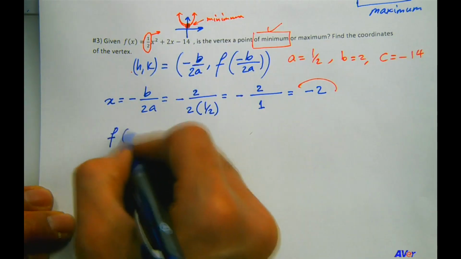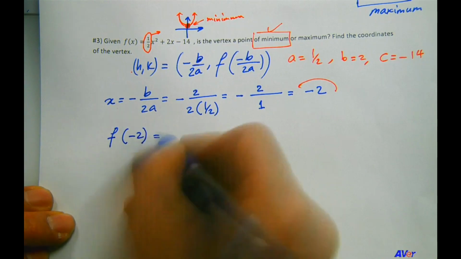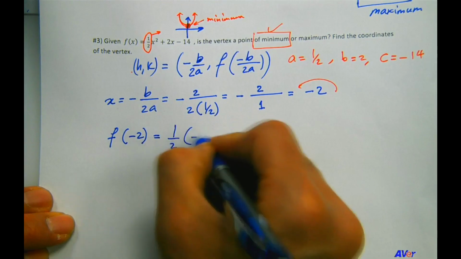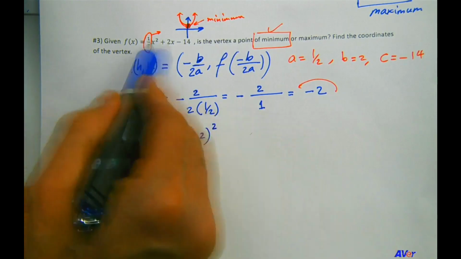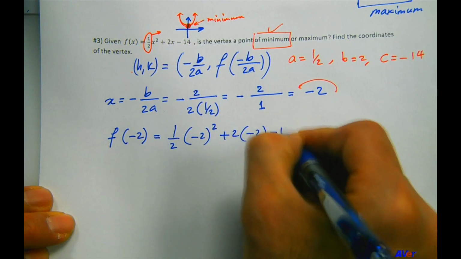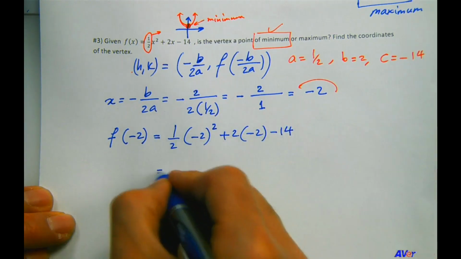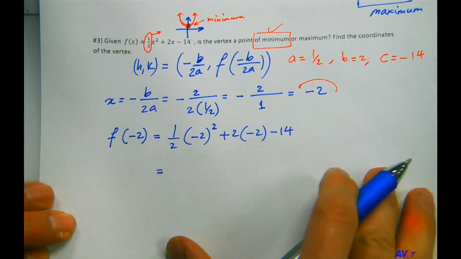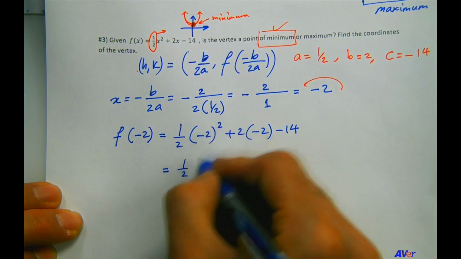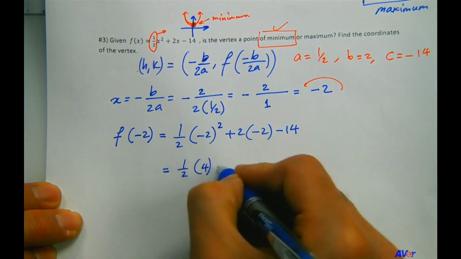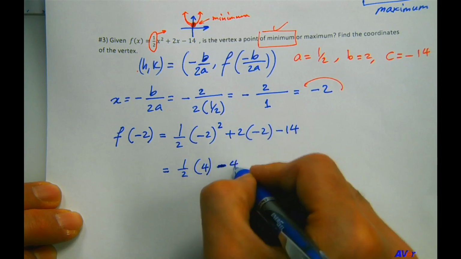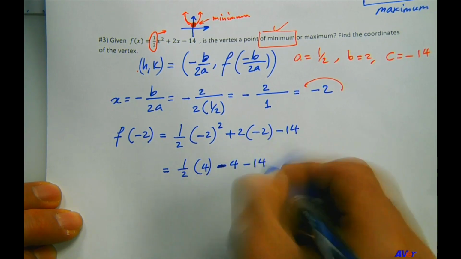So the function at negative 2 is equal to 1/2 times minus 2 squared. I'm just replacing x with negative 2, plus 2 times minus 2, minus 14. So we have 1/2 times, minus 2 squared is 4. 2 times minus 2 is minus 4, minus 14.